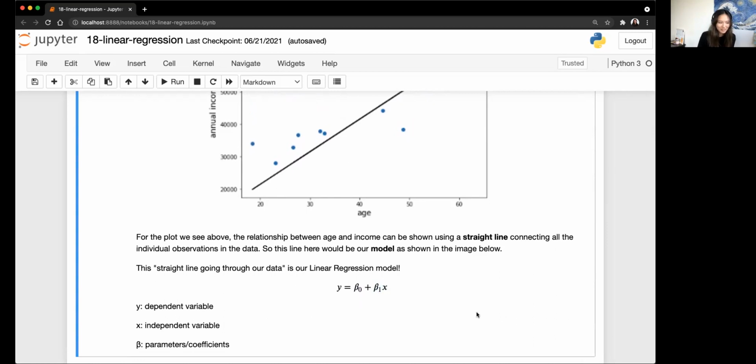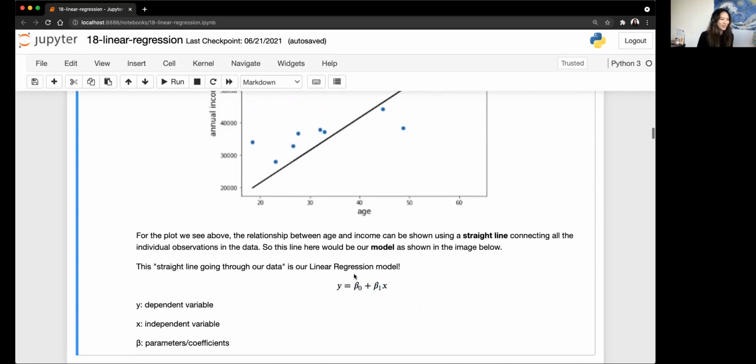So beta 1 is the slope, and beta 0 is the intercept, interchangeable with our y equals mx plus b. In statistical learning, we just use betas instead. So here we have our dependent variable y, our independent variable x, and our two betas are our parameters or our coefficients. Therefore, training a model is the process of figuring out what the best parameters or coefficients are when you're constrained by a model.